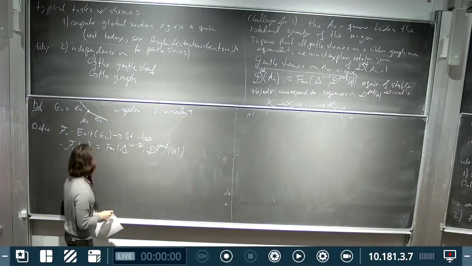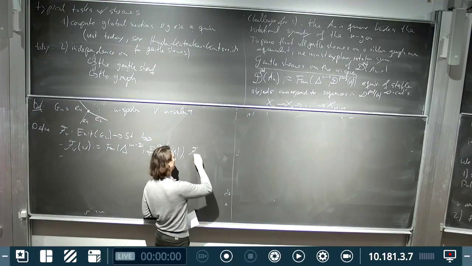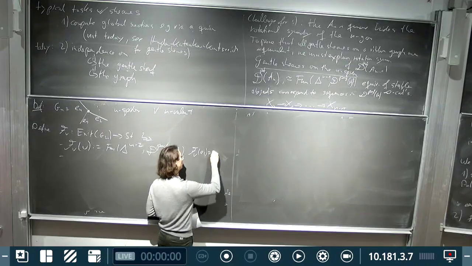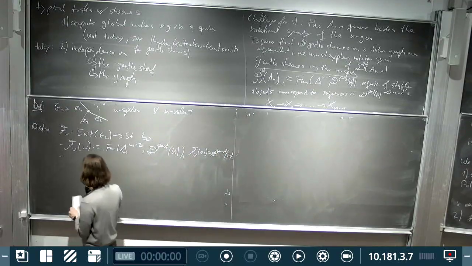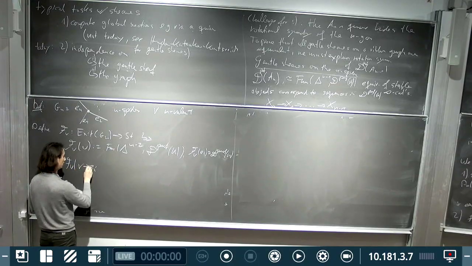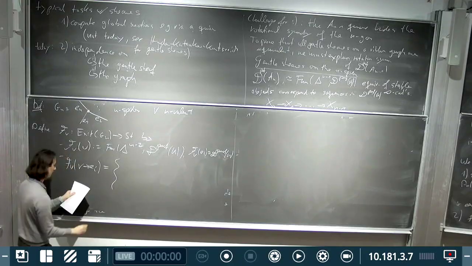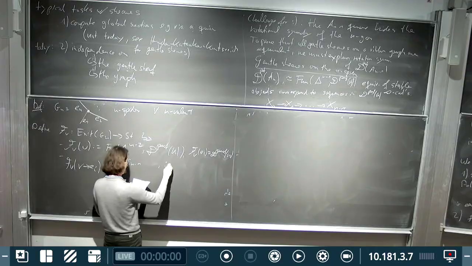We said Fv of ei to be the curve. And then you define Fv from v to ei simply to be, well, you have 3 cases. It's pi n minus 1 if i is equal to 1.